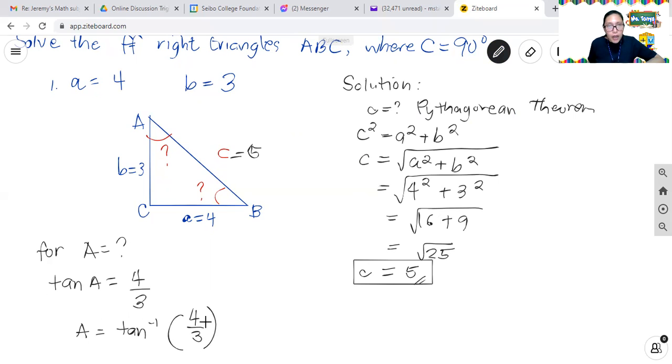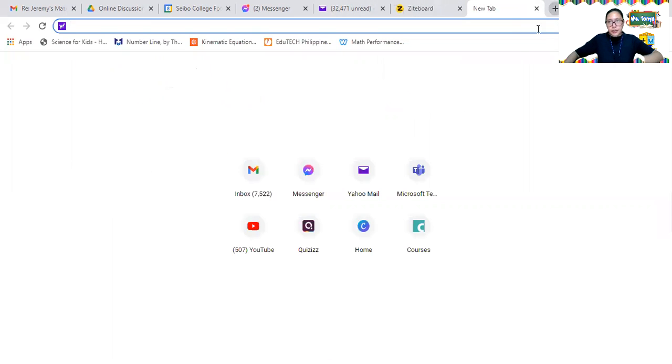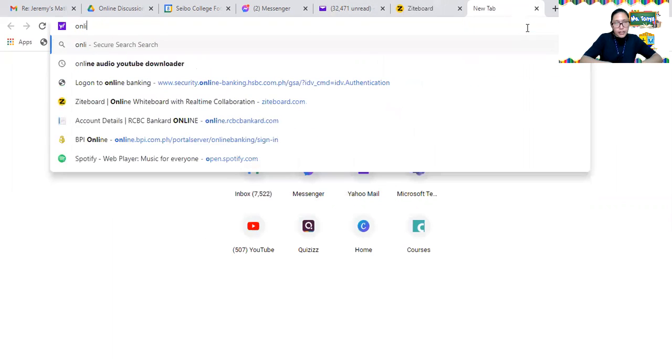So where will you now solve this one? You can use your scientific calculator to solve for the value of the inverse tangent of 4 over 3. So using your calculator, let us open an online calculator.